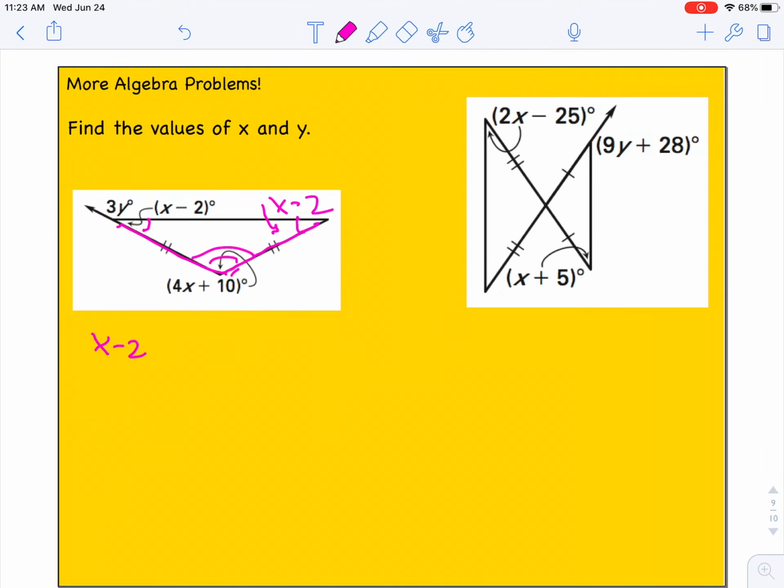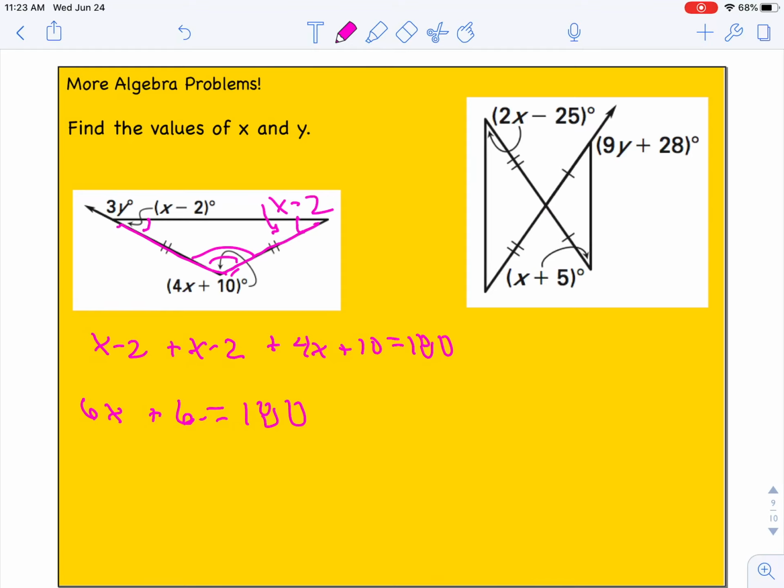So that means that x minus 2 plus x minus 2 plus that third vertex angle, 4x plus 10, has to equal 180 degrees. Now when I combine like terms, I'm going to get 6x plus 6 equals 180.